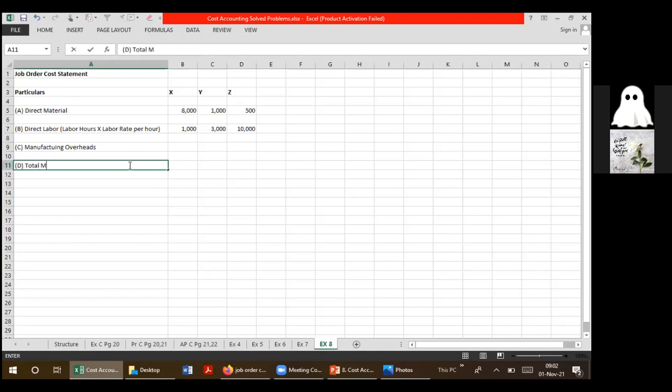But total manufacturing cost, that is given, which is A plus B plus C.